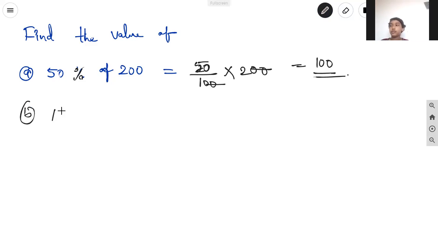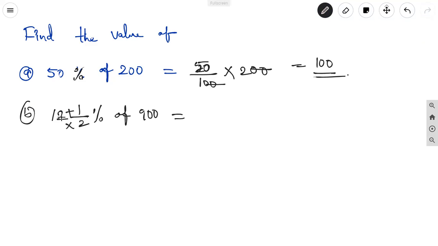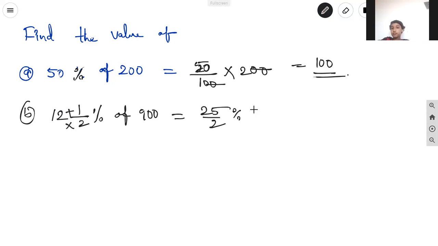Second type. 12 1 by 2% of 900. That is equal to, mixed fraction converted into improper fraction. 12 twos are 24 plus 1, 25 by 2 percentage of 900.